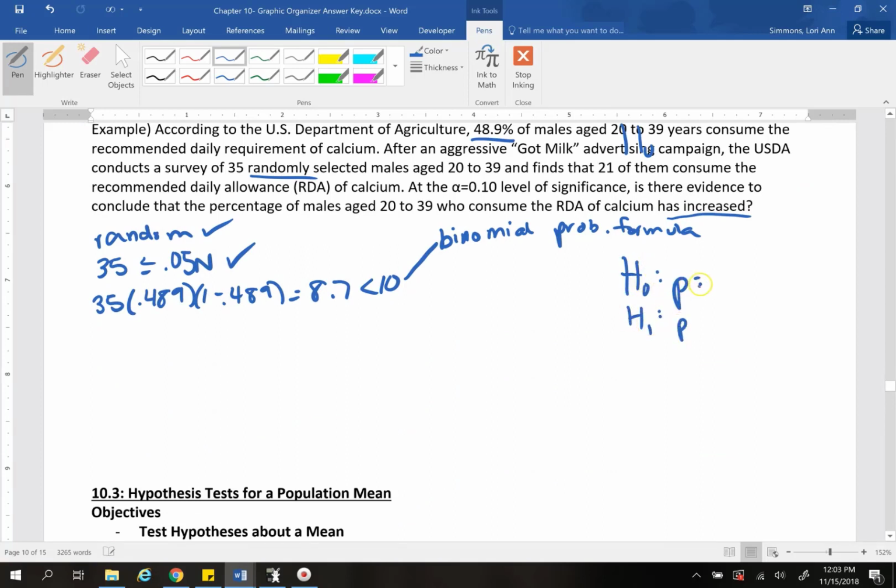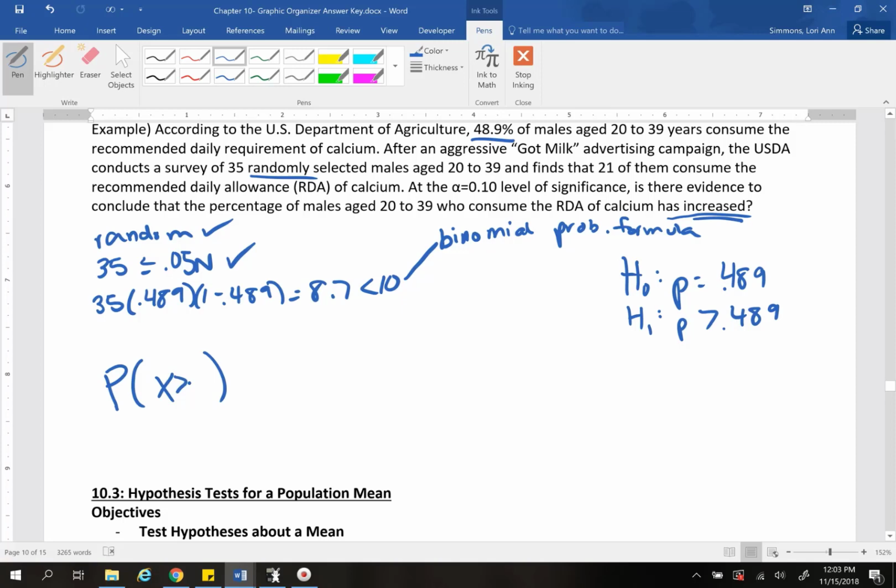We're working with proportions at 0.489 and increased. So we're looking for greater than. All right, so we need a probability. We're looking for greater than. So we're going to put greater than here.